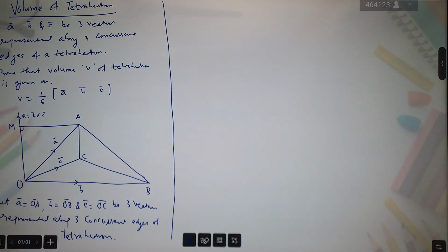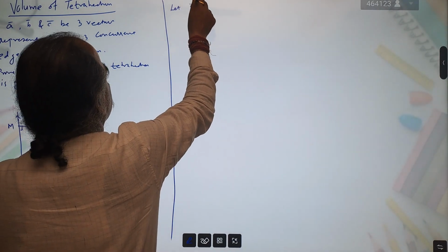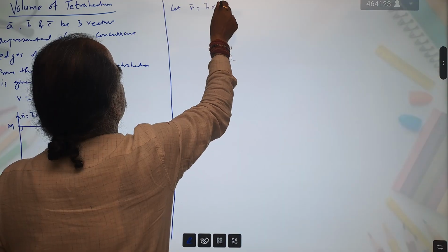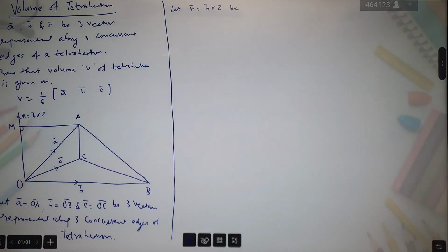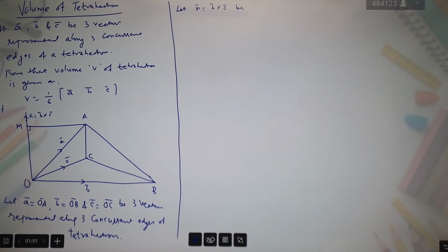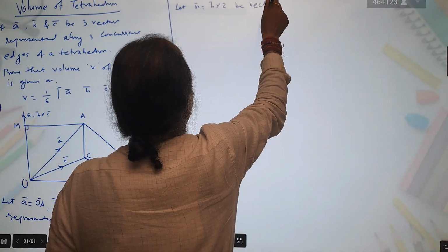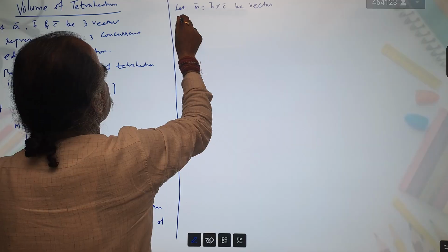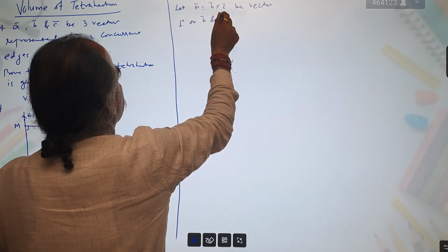Let N bar is equal to B bar cross C bar be a vector perpendicular on B bar and C bar.